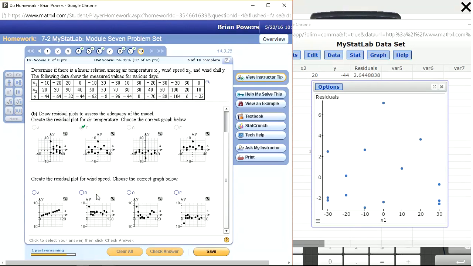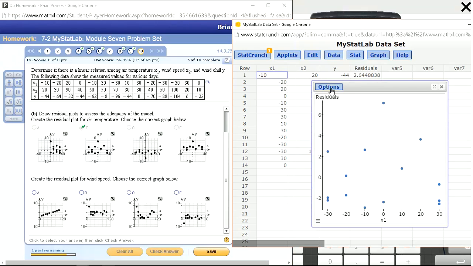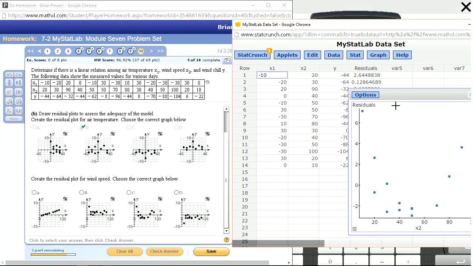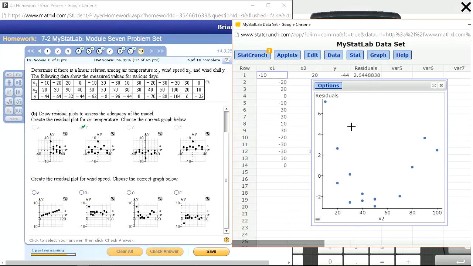All right, residual plot for wind speed. So I'm going to go back to options, edit this, and change the x variable from x1 to x2. So we're plotting the residuals against wind speed now. Okay, I think it's pretty clear which one that is. You can see this shape.